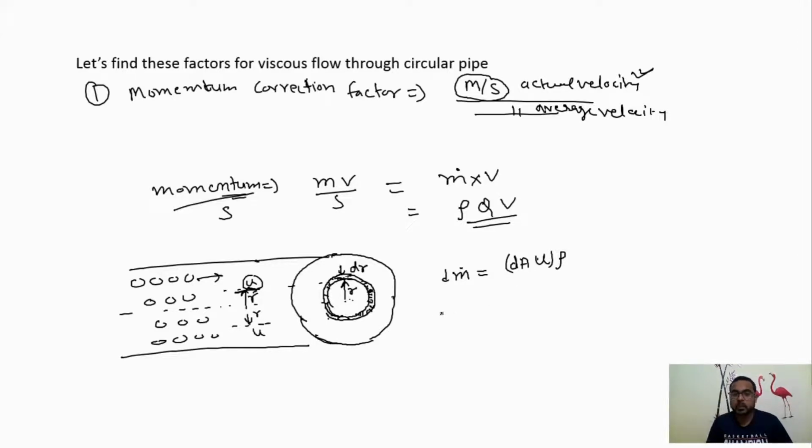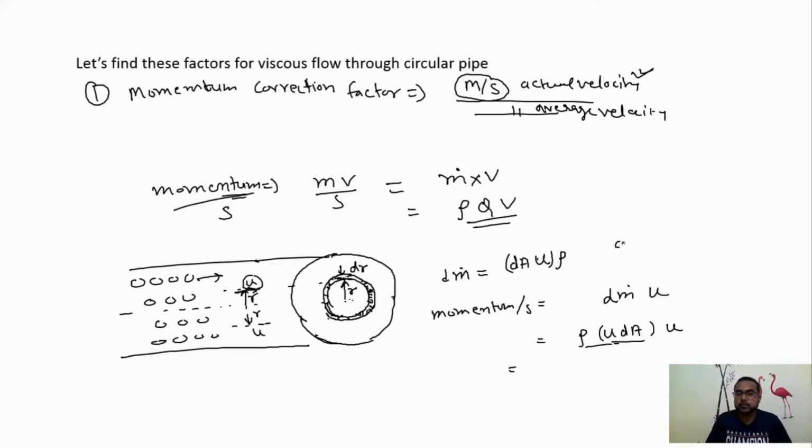Then what would be the momentum per second? It would be dm dot into velocity, so the value will be rho into u into dA, which is flow rate into velocity.